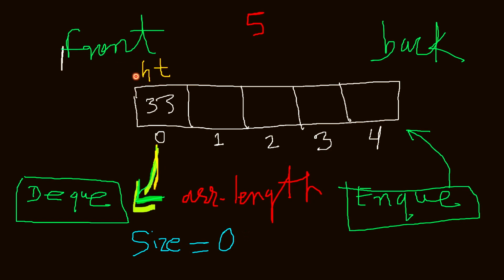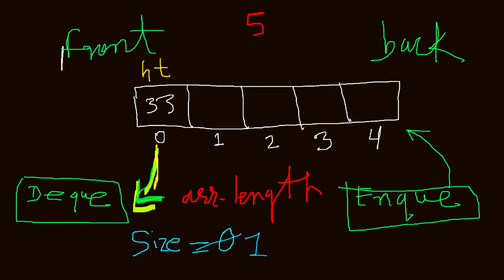When a new element has been added, an Enqueue operation occurred, the size will go from 0 to 1. It will now be 1, right? So whenever a new element is added, the size will increase by 1. Whenever a dequeue happens, the size will decrease by 1, right? I think you will agree.